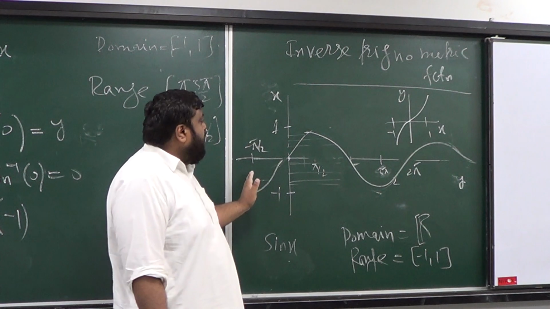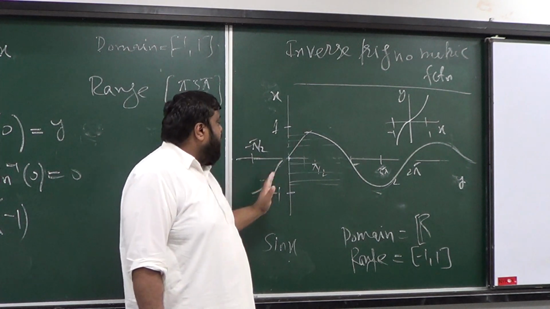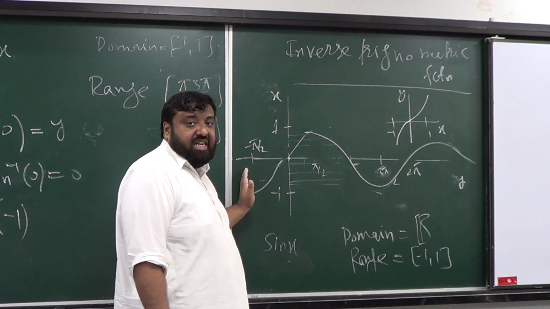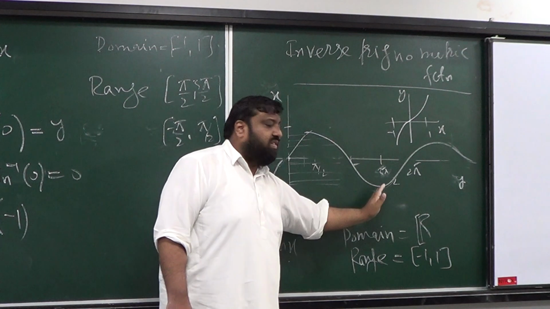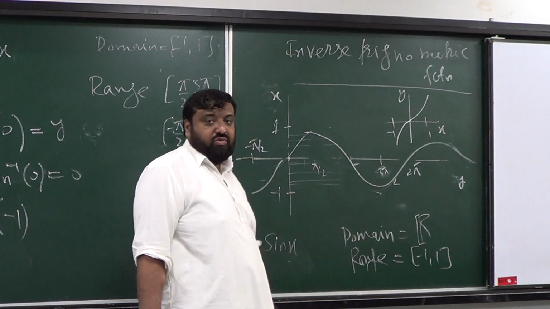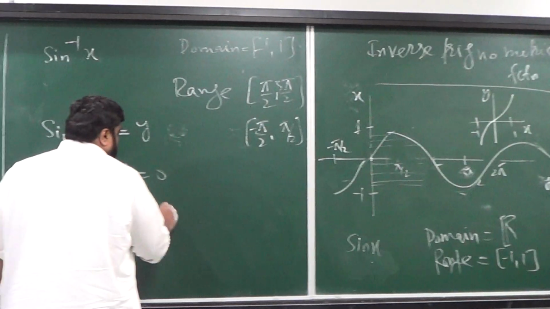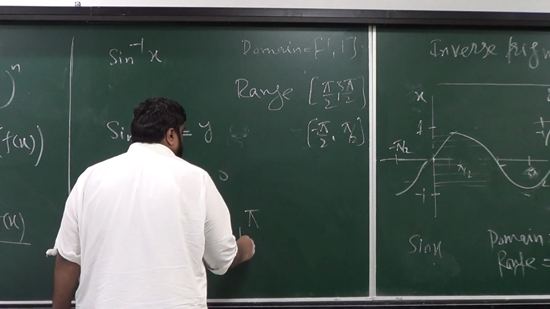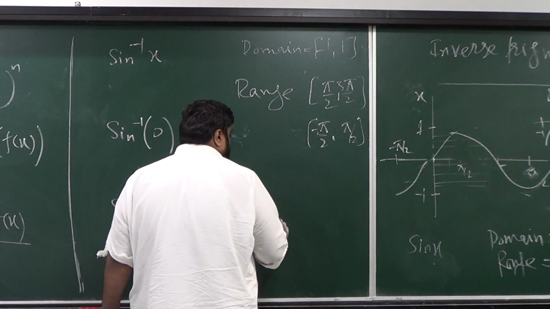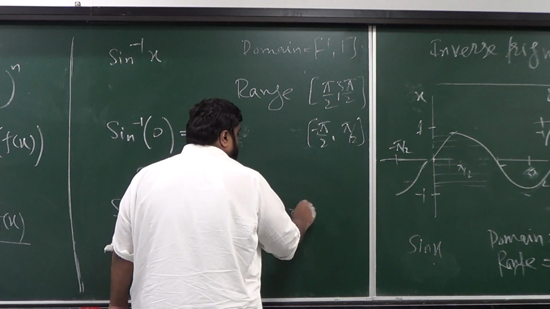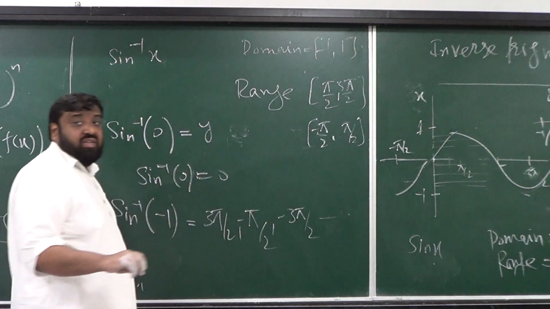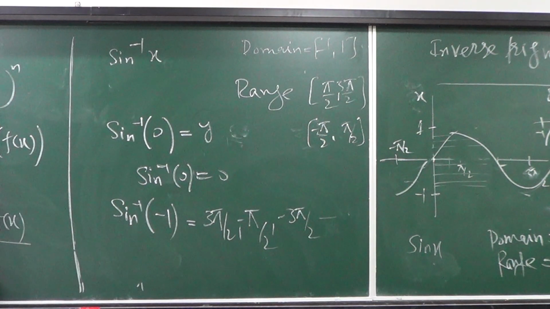Then you have different choices. The sine function is -1 at negative pi by 2, it's also -1 at 3 pi by 2, and so on and so forth. So I can say the sine inverse of -1 is, for example, 3 pi by 2, it could be negative pi by 2, negative 3 pi by 2, and so on. So there can be many angles.